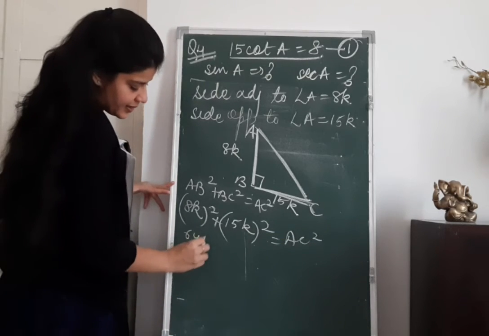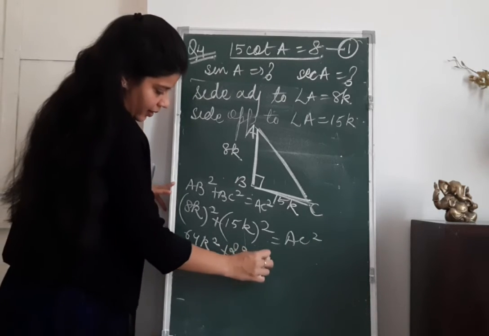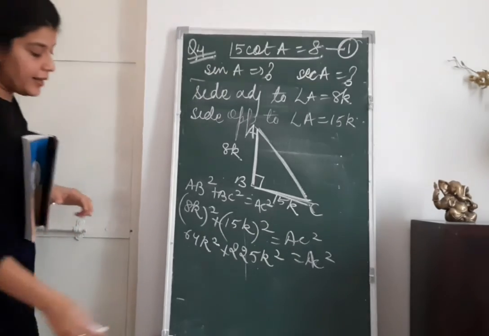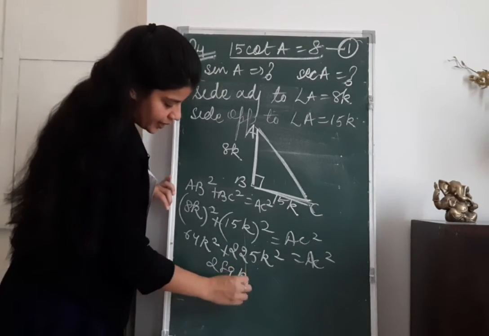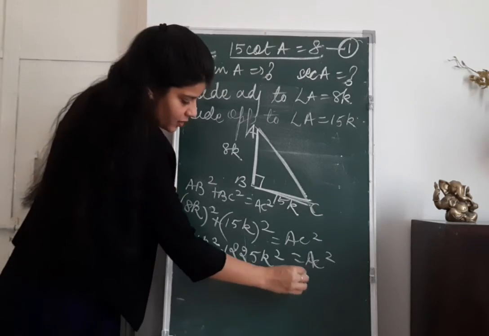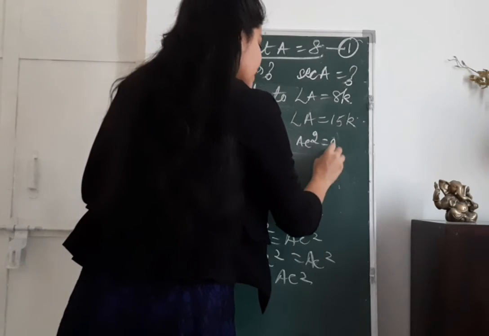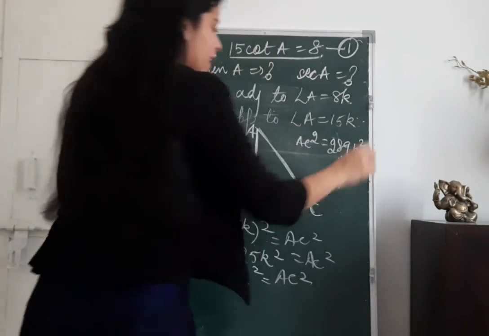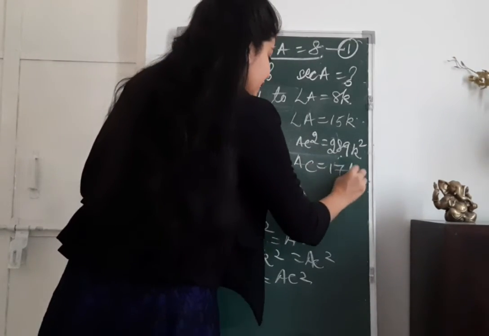That is 64k square plus 225k square is equals to AC square. Right? That is equals to 289k square is equals to AC square. So AC square is 289k square. If I take square root on both the sides, I can say AC as 17k.